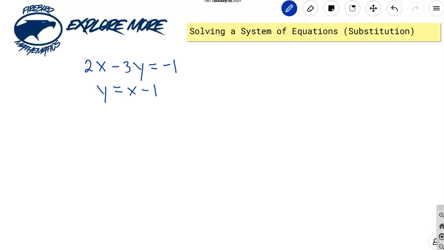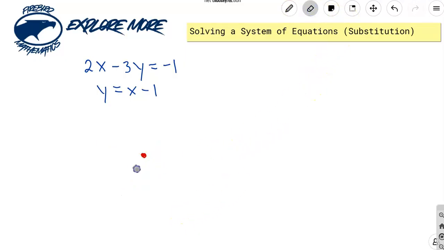Remember, to solve a system, what we're trying to figure out is what values of x and y make both of these equations true. So in your Algebra 1 class, most likely your teacher has told you to graph these two equations and then just click on their intersection. And that intersection is going to tell you the solution. It's going to tell you where the x and the y are the same on both of those lines.